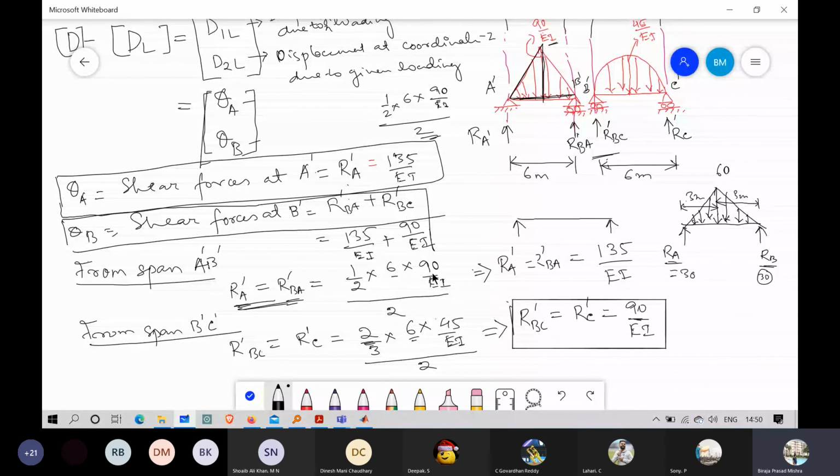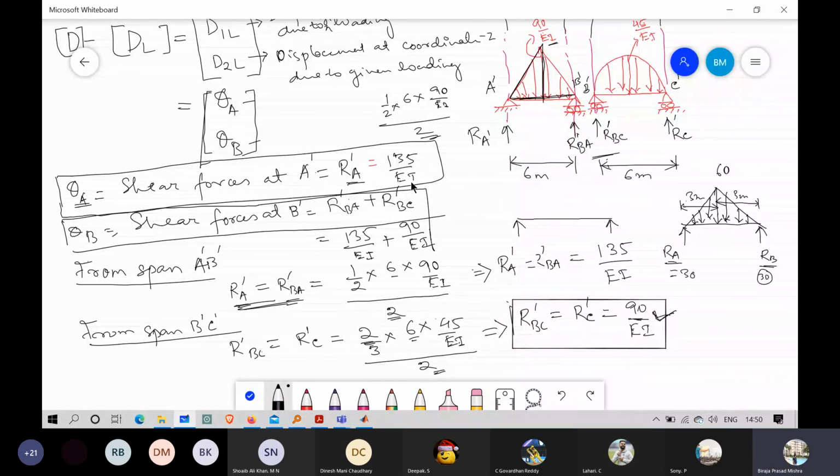Similarly, RB dash C and RC dash will be 2 by 3 into 6 into 45 by EI divided by 2, so that becomes 90 by EI. So theta A is 135 by EI, due to RA dash.